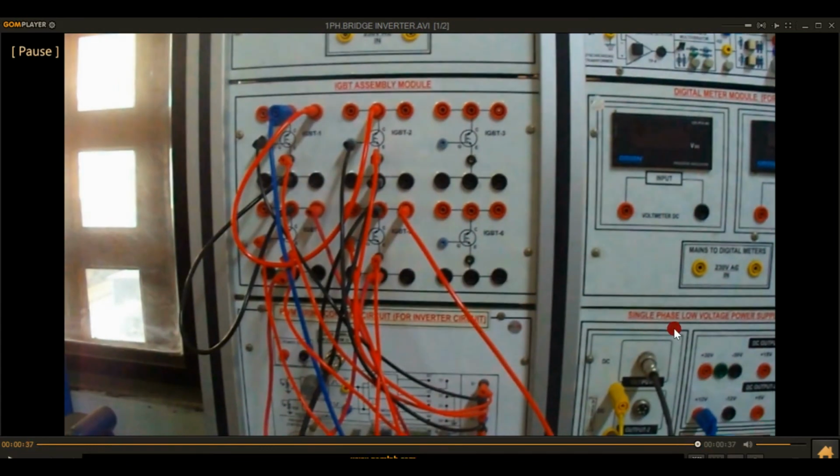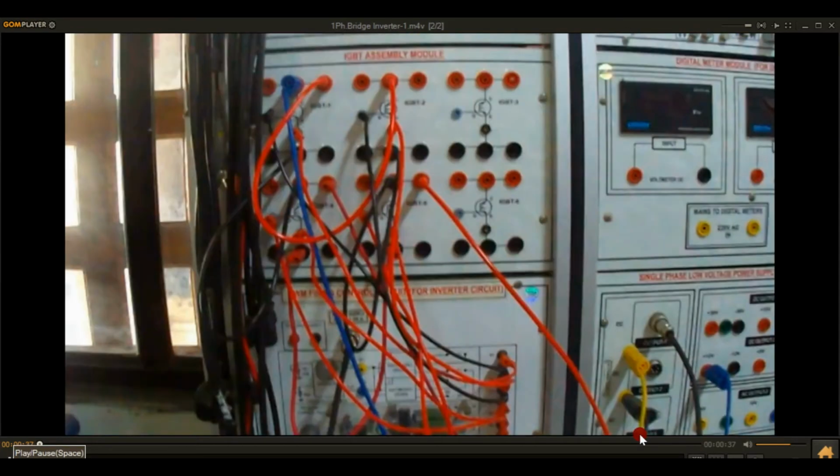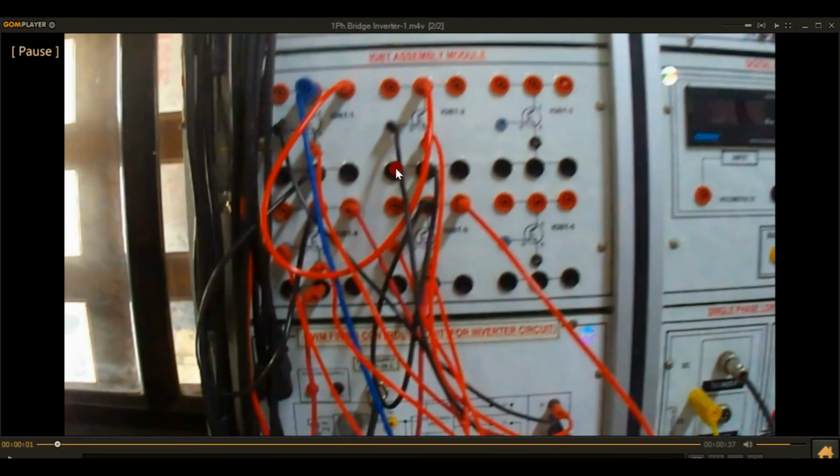And this is the single phase, low voltage power supply section. These are the digital meter modules. These are the different modules embedded on the same board. So this was the hardware module available in the lab.